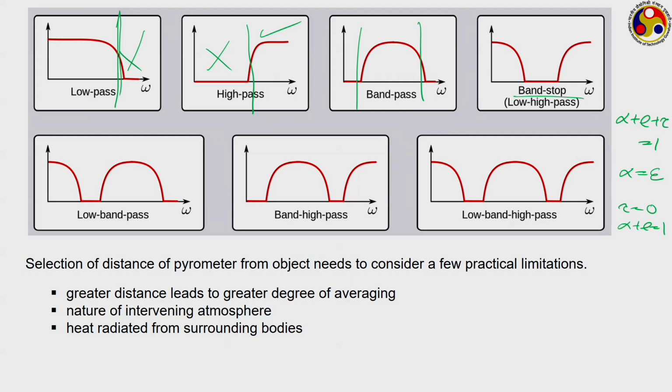The heat radiated from surrounding bodies also can affect your reading, because your sensor often is not able to recognize the difference between the emission coming from the actual source and the emission coming from some unwanted surrounding object. Uncertainty involved in the source emissivity is a big factor, as I have just mentioned, so we need to have a proper idea of it always.